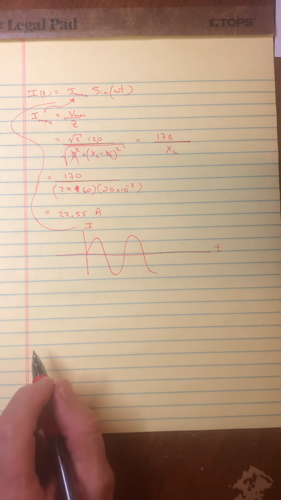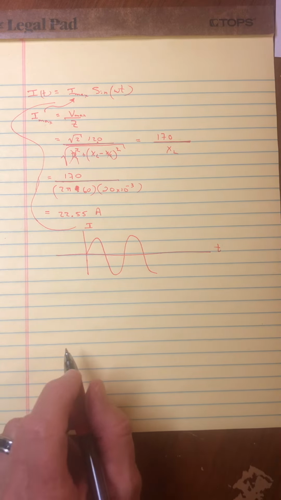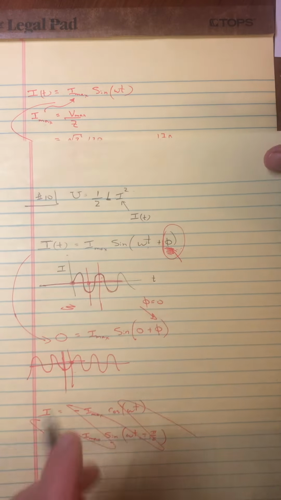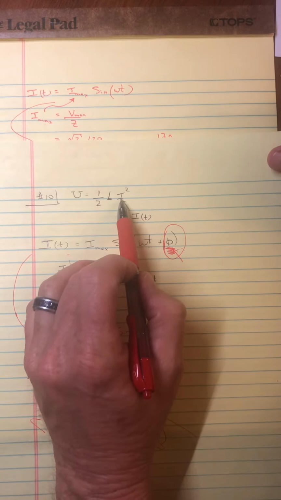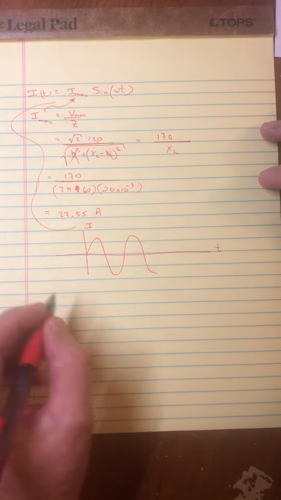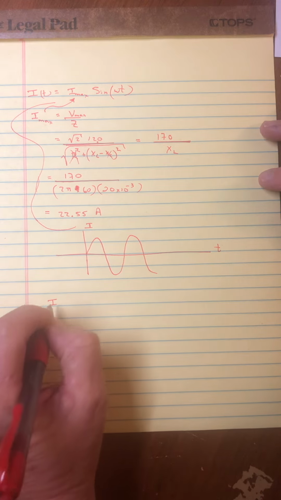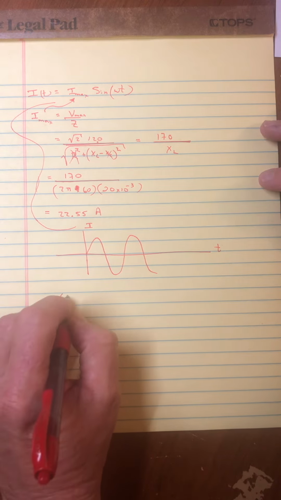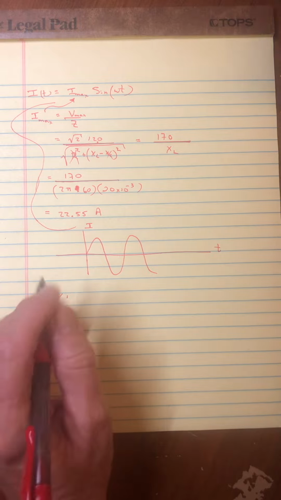Now, another thing that I got to be sure about, which goes back to the very beginning right here, is now I got to figure out what the current is at that particular moment. So let me say, all right, what is the current at, what did they say?